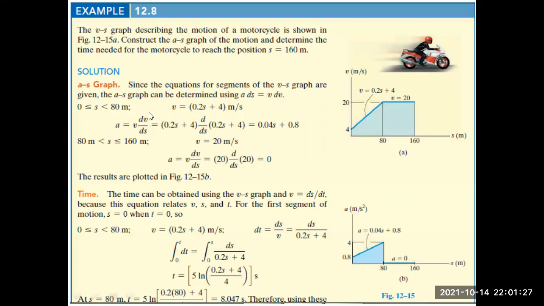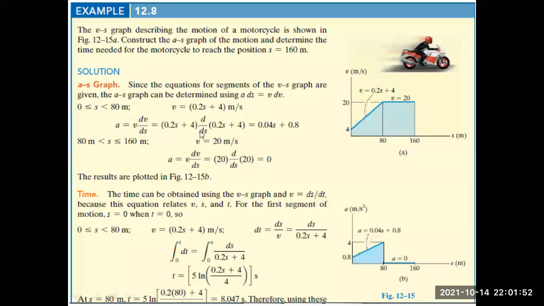So for dV by dS, can I differentiate this equation with respect to S? Yes, I can differentiate it. And V as a function of S is equal to 0.2 S plus 4.